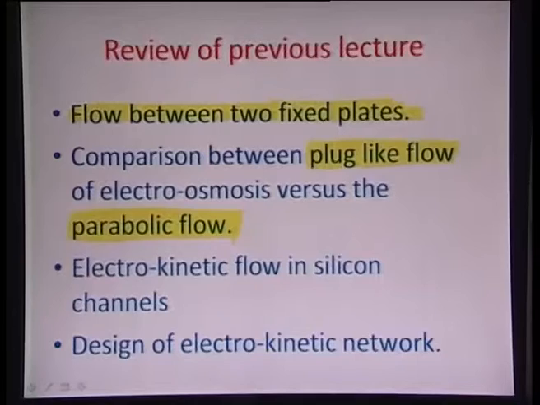We also tried to investigate the mechanism of the electrokinetic flows in silicon channels. So essentially there is a formation of hydroxide linkages on the top of the silicon, and on contact with a solution of a certain pH, it dehydrogenates and forms SiO minus.